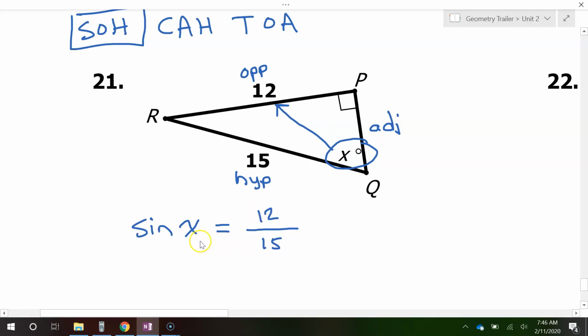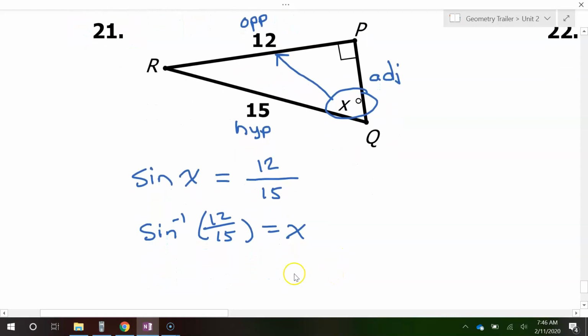Again, when the variable is inside the trig function, this is when we do the inverse. So we will do the inverse sine of 12 over 15 is equal to x. And then this is just a calculator thing.